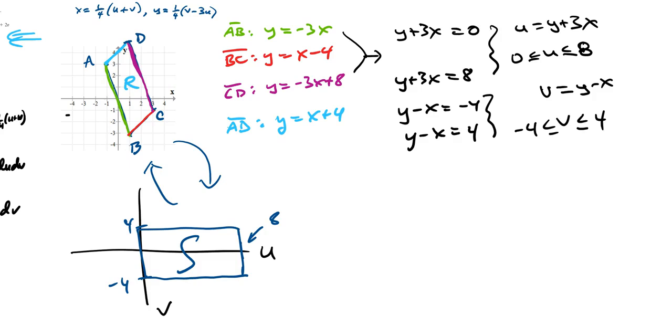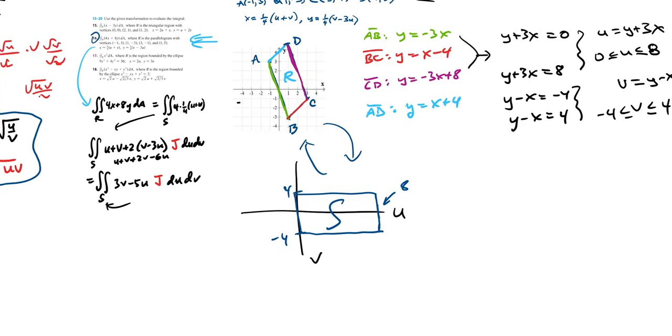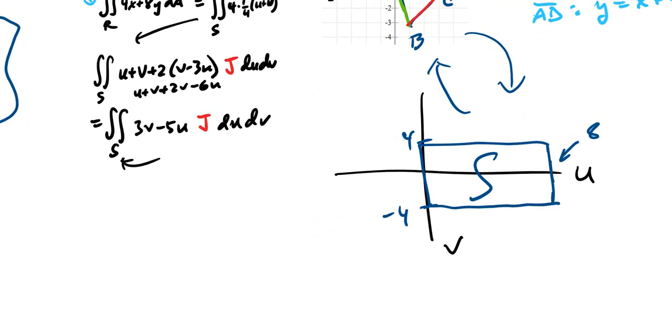And so we're going to integrate over that. Now this integral becomes a double integral. I guess we'll do u last, 0 to 8, and V goes from -4 to 4, of 3v minus 5u.